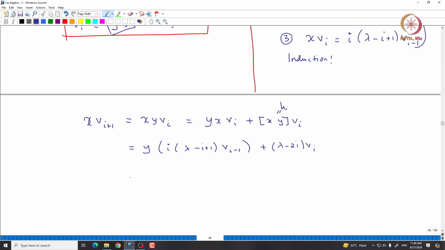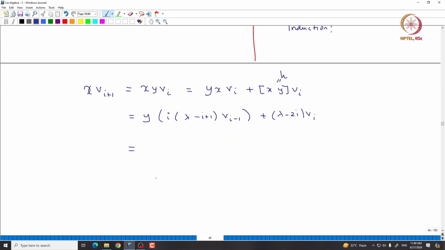Now if you rewrite y v i minus 1 as v i, that comes out, and then all these things just add up: i into lambda minus i plus 1, plus lambda minus 2i. This is what you get as the coefficient. Now it is a simple calculation to see that this is exactly equal to i lambda minus i into i plus 1, minus lambda minus 2i.